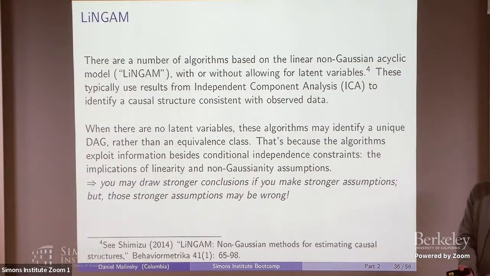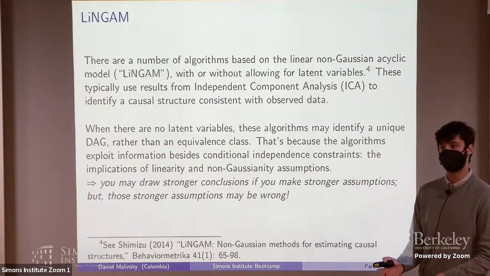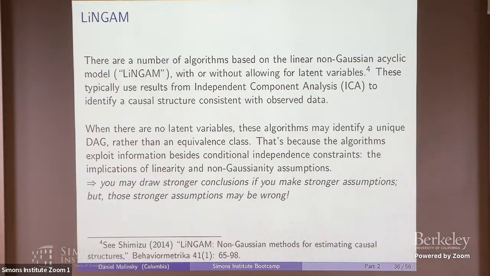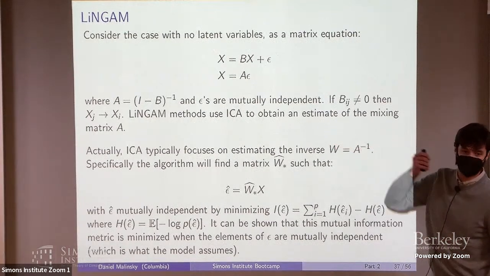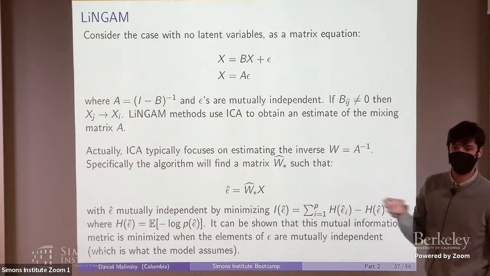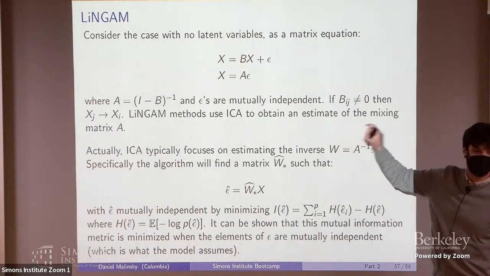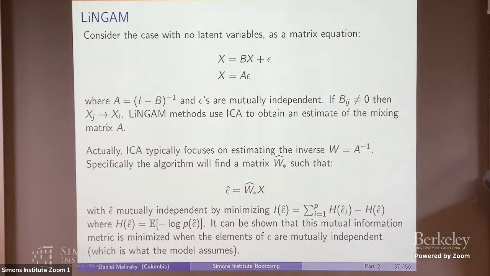You might learn a unique DAG instead of an equivalence class, but you're also making stronger assumptions, which may be defeasible, that there is this linear non-Gaussian model underlying your data. So the way that LiNGAM very roughly works is that I can describe the linear structural equation in matrix form as above. So x is just B times x for some matrix of coefficients.